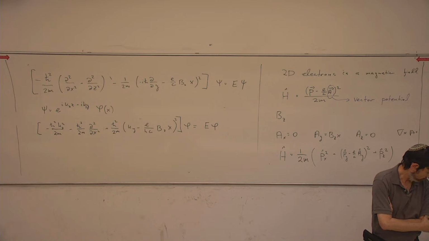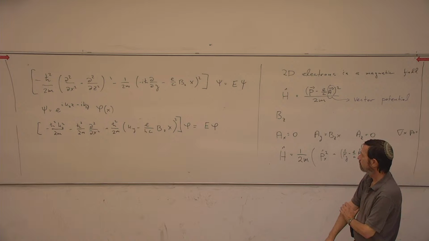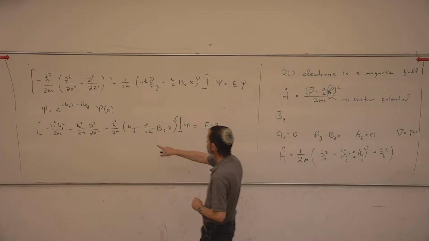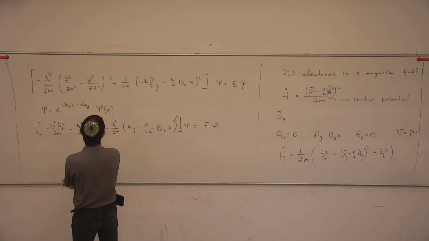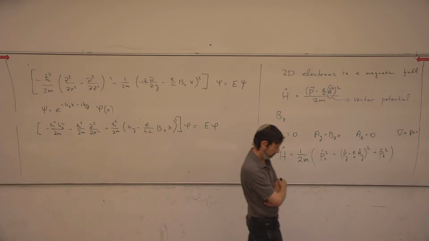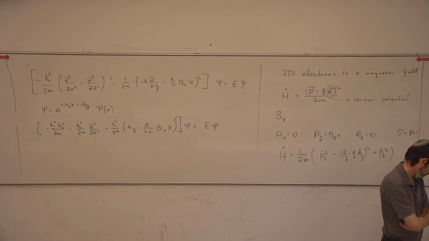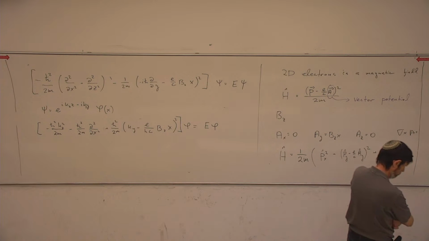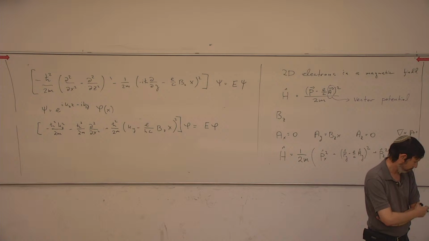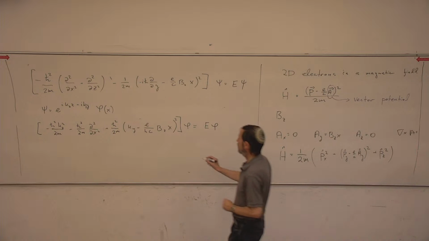Where is h bar squared? Oh, because you add the square, right? And this is, of course, h bar.